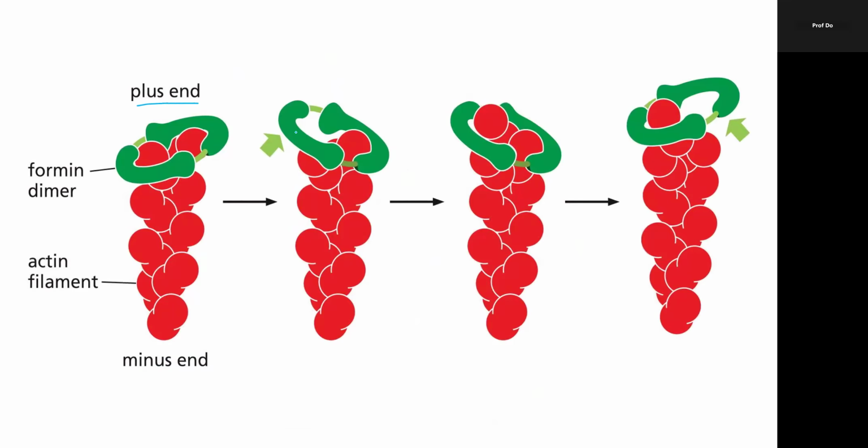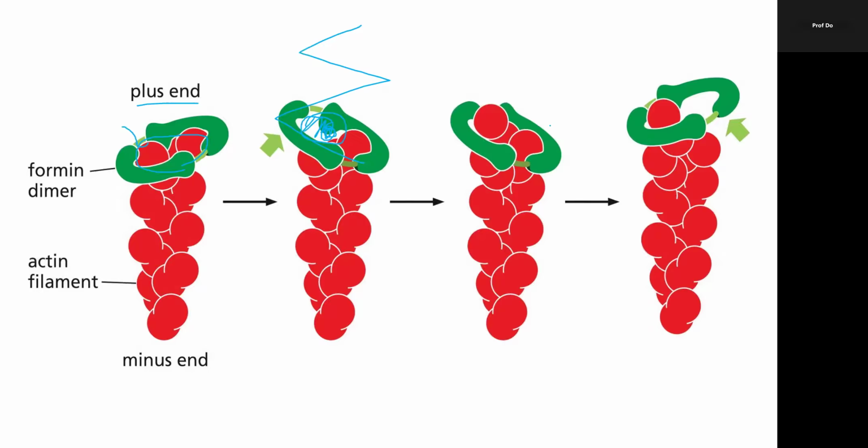Now, what we can notice is that formin has this hand-like structure, and when it's done placing a subunit in, it's going to zigzag upwards. And as it zigzags upwards, there is now an open region where another actin subunit can plop in.